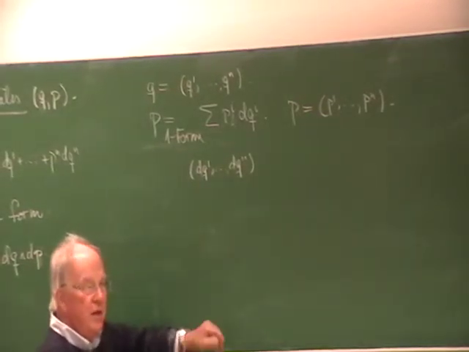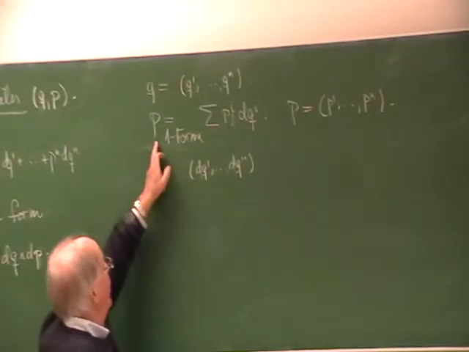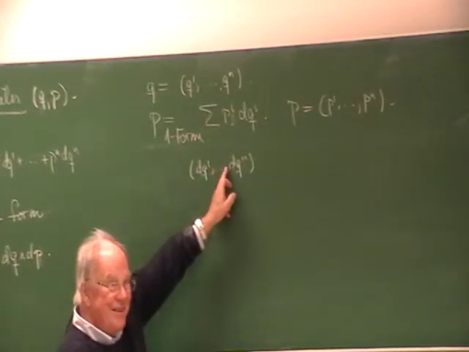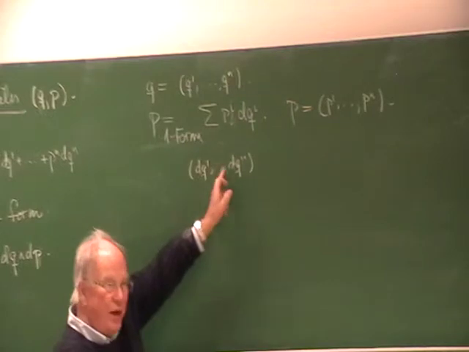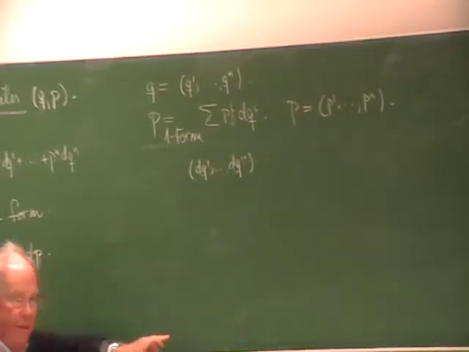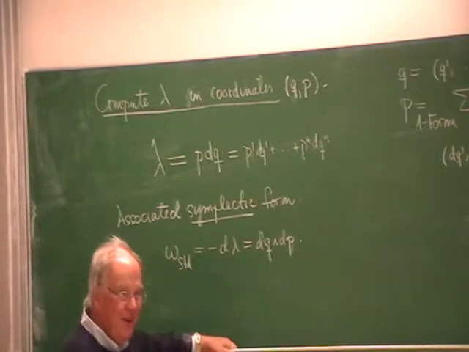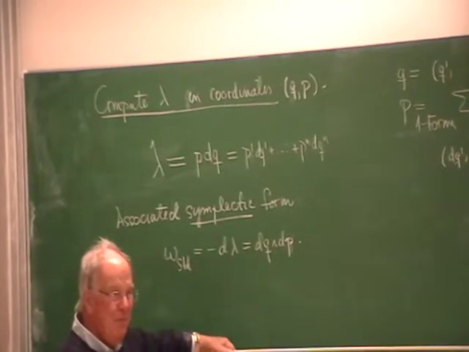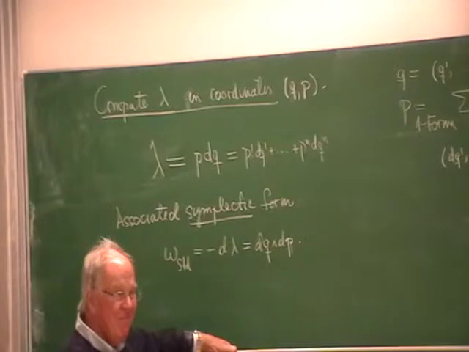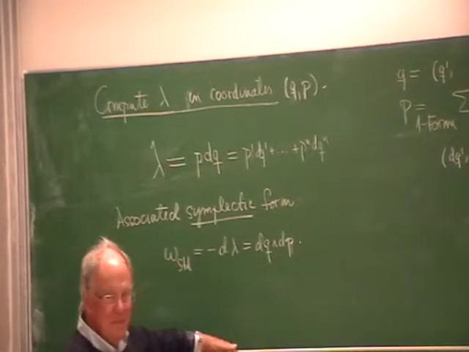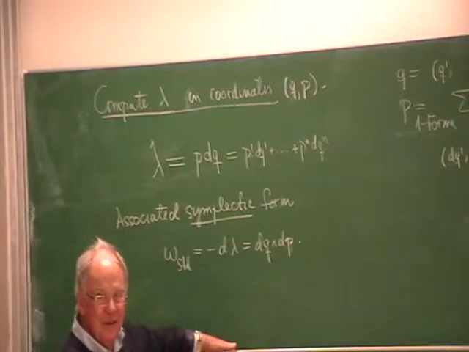You're right about it. This is writing a one form in a basis. This is a one form on the manifold. Can I say it's a one form on the manifold also written in the basis?